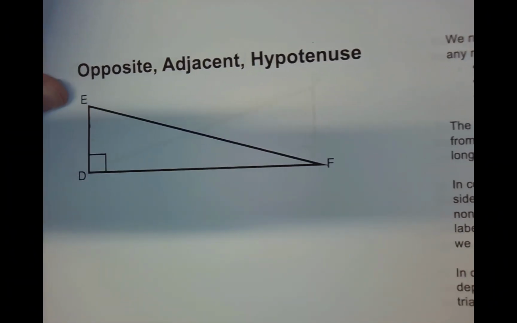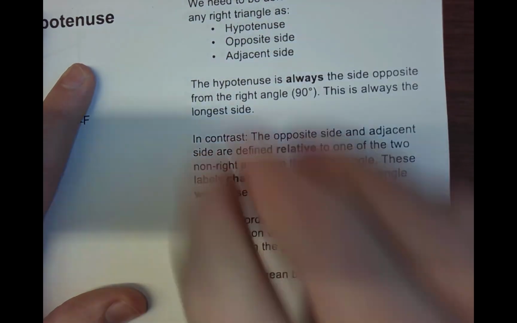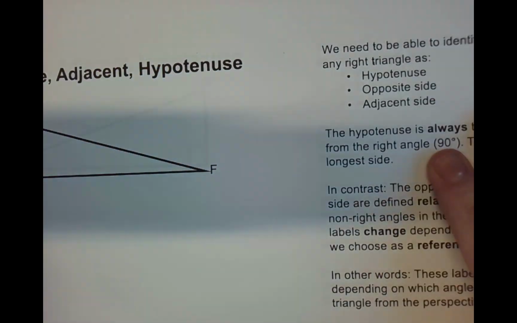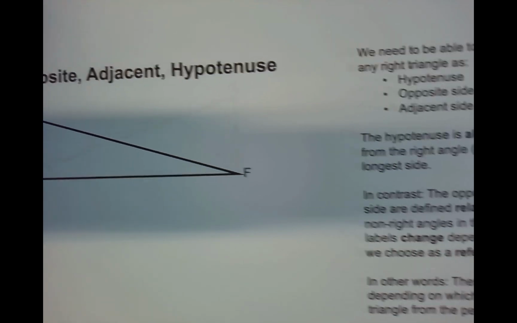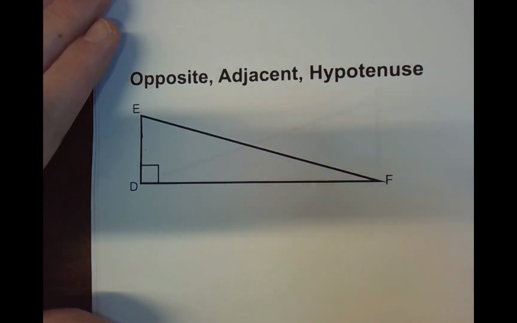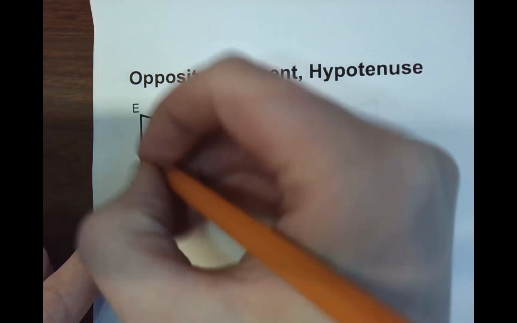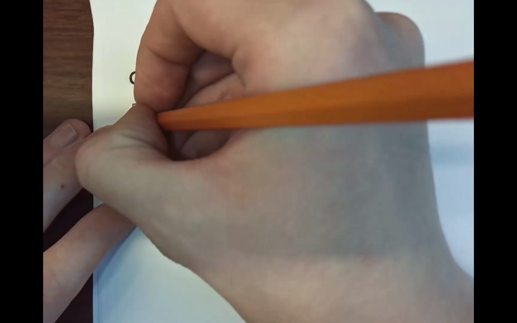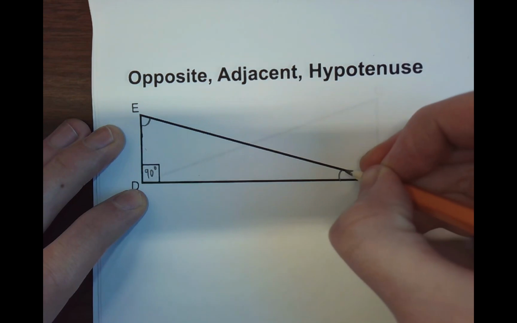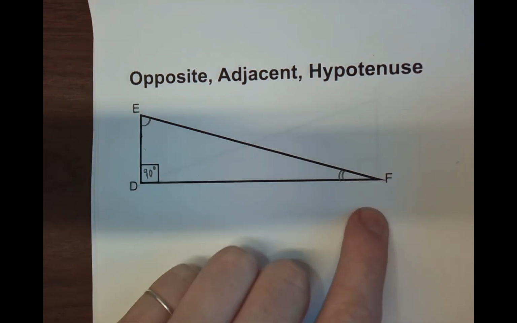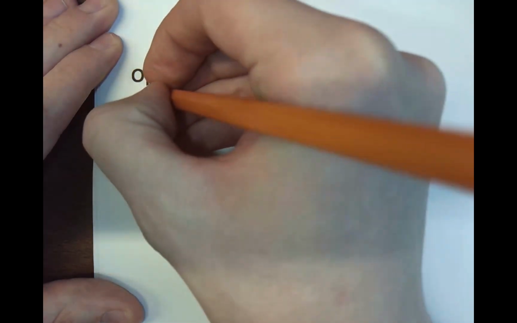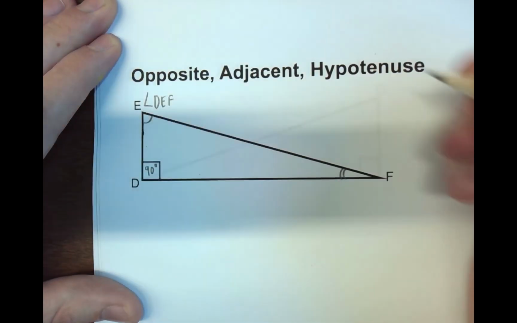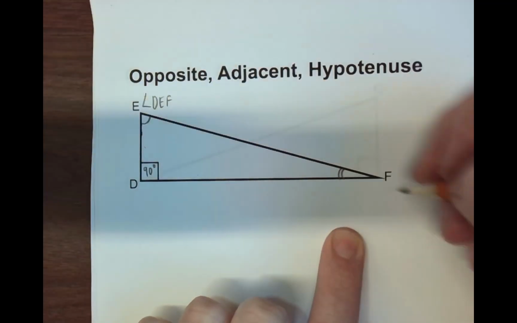So here, and the text on the side here is just exactly the same as what I was just showing you. So this, of course, is that right angle. Then I have my two non-right angles: angle DEF and angle EFD.